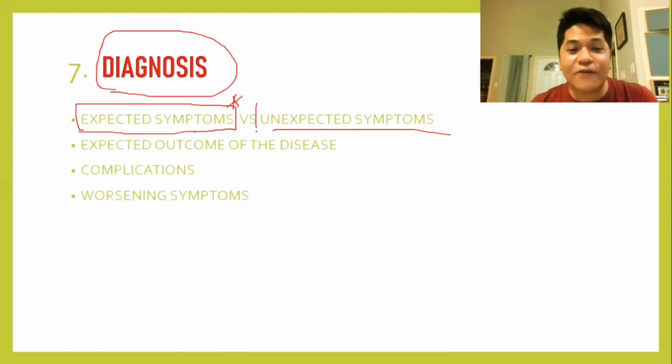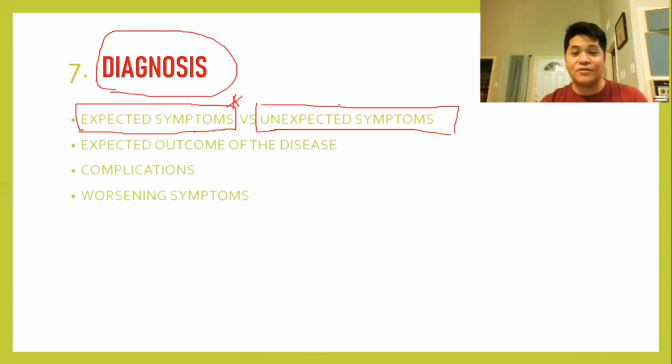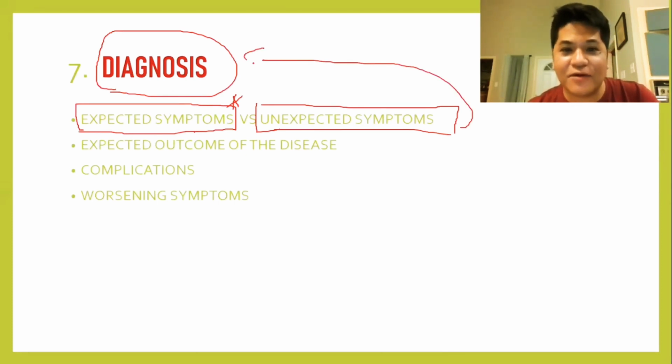And if the scenario says that the client has unexpected symptoms, when you say unexpected, that could lead to complications or symptoms that might cause the client imminent danger to life, then that's a priority. Don't forget.